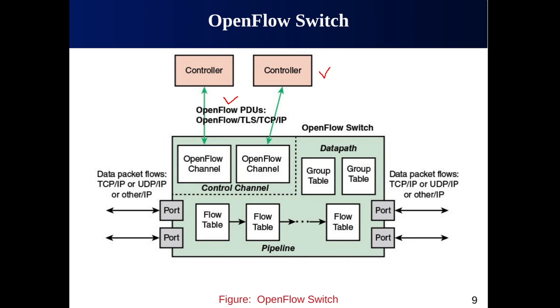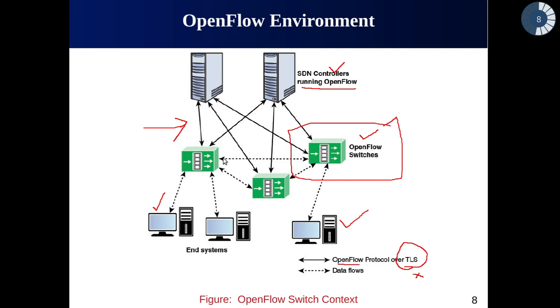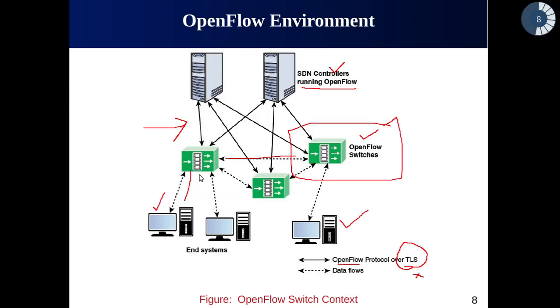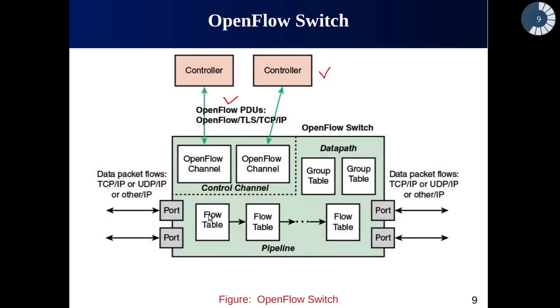Now, each OpenFlow switch connects with other OpenFlow switches. We have shown a single switch, but we know that there is a connection between two or more OpenFlow switches. And possibly they are connected with the end user as well. There is a connection between the switch and end devices as well, and as I just mentioned, the devices are the sources and destinations of the packet flow.